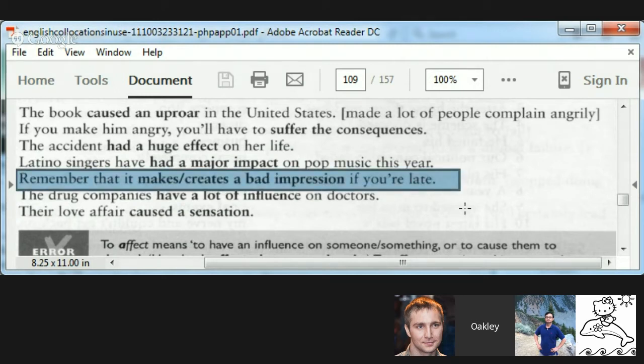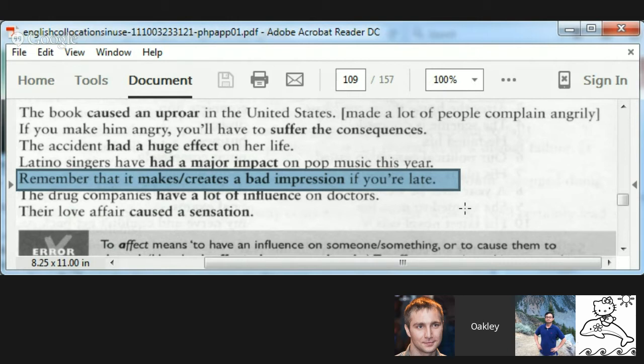All right, let's look at this next one. Remember that it makes a bad impression if you're late. Okay. The verbs we use with impression, good impression or bad impression: make a good impression, create a good impression. Is there a difference between making a good impression and creating a good impression? I think they're similar expressions.